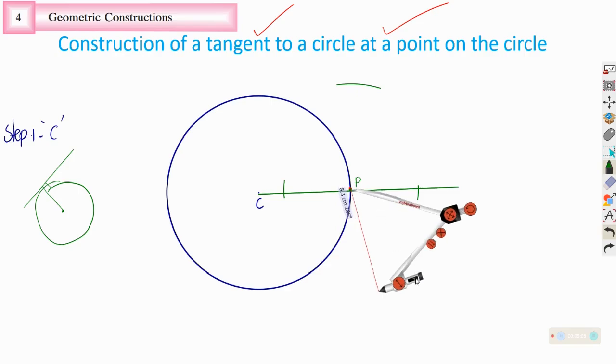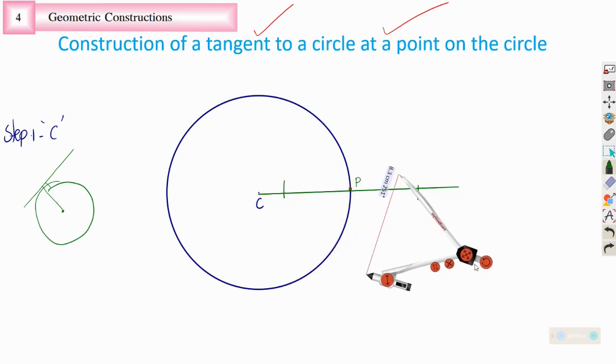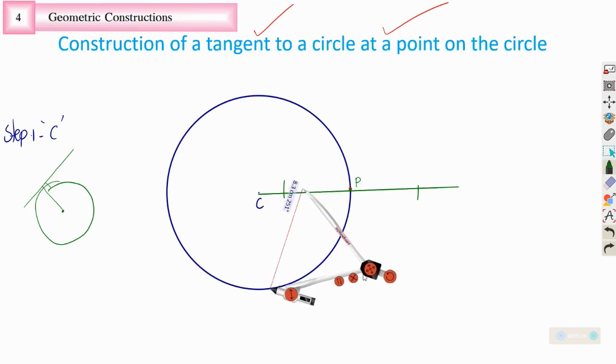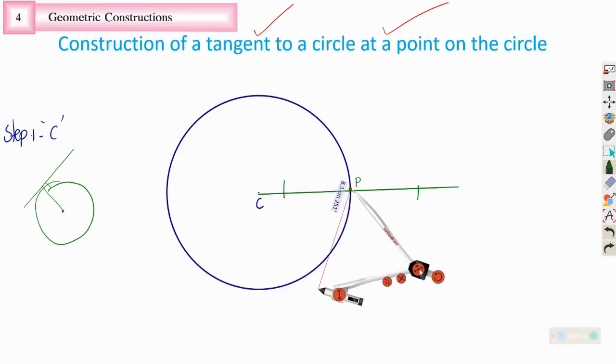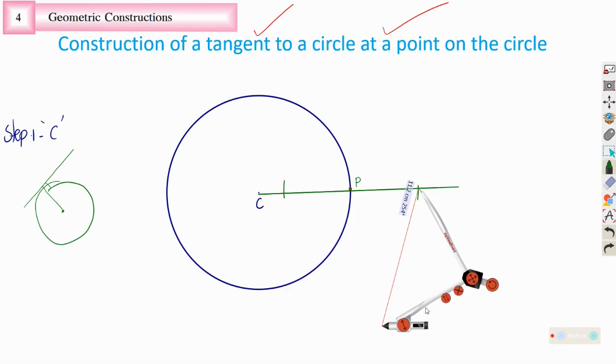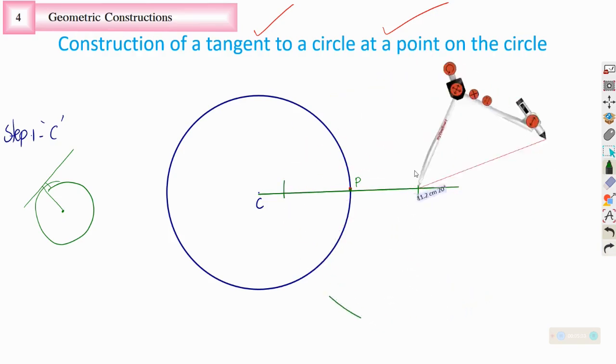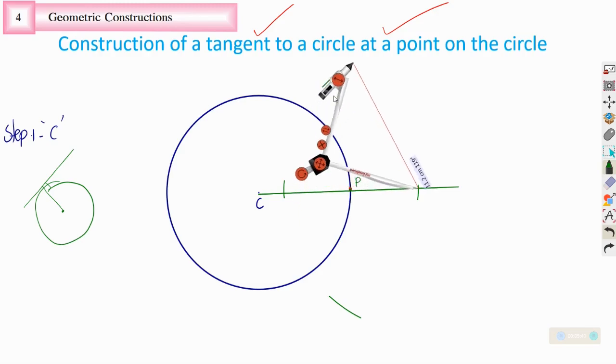To make it more accurate, you can draw it here also. From there, bring the compass here. Increase the compass size. Put an arc here. Rotate. Put an arc here also.